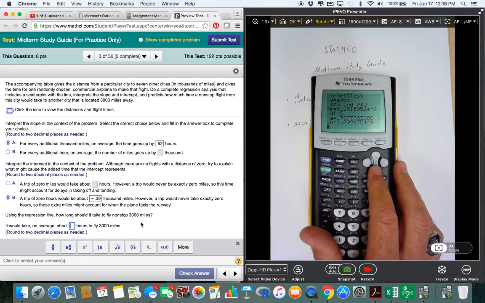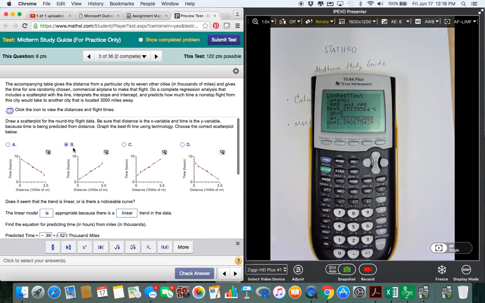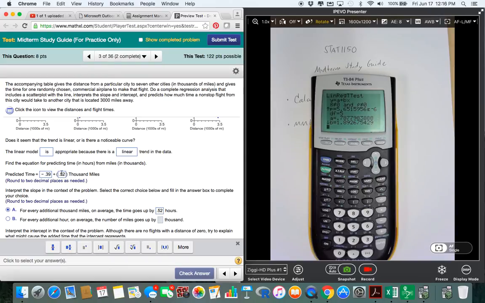I must not have got the L1, L2 set correctly, so guys, I've got a problem here. This slope should be 1.89, and the intercept, I'm actually glad this happened.